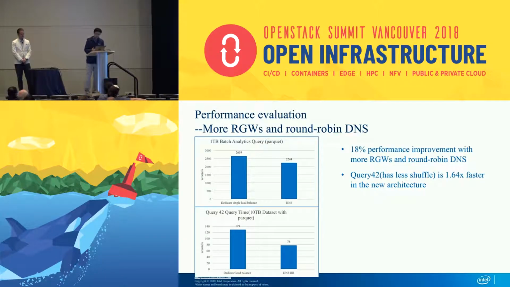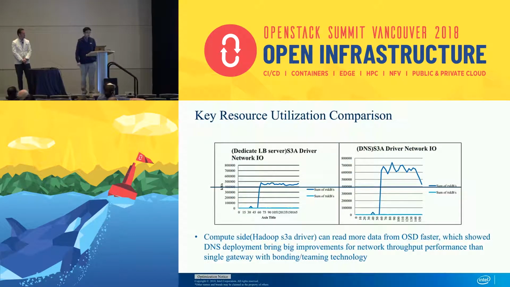And for some of the queries, like Query 42 here, it is about 1.64x faster than in the new architecture. Okay, so this is the resource utilization here. We can see from the right picture, network bandwidth is going to improve a lot.